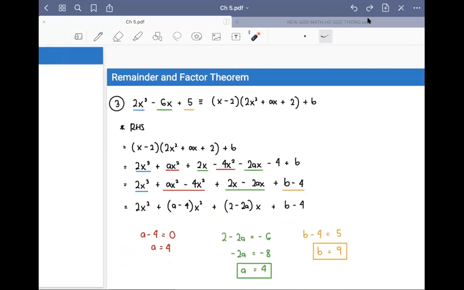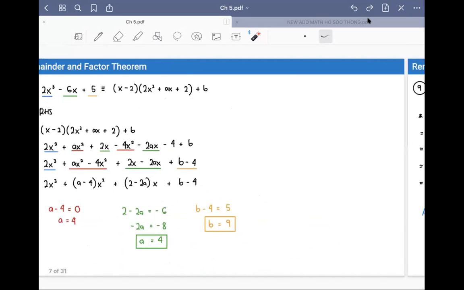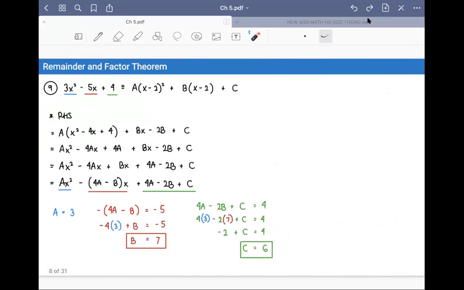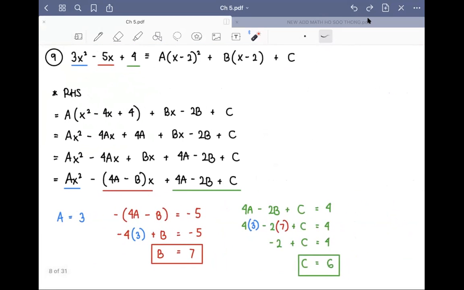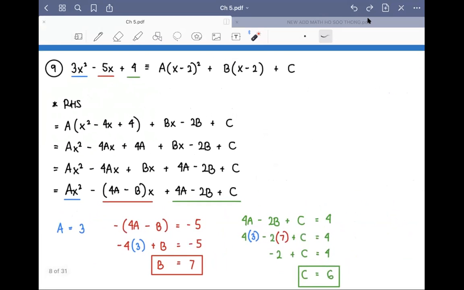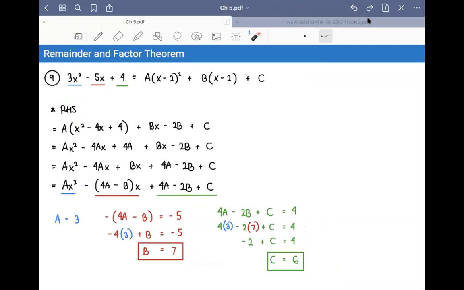All right, now let's have our last example for today. I jump to number 9, because here we are looking for missing values for a and b and c.